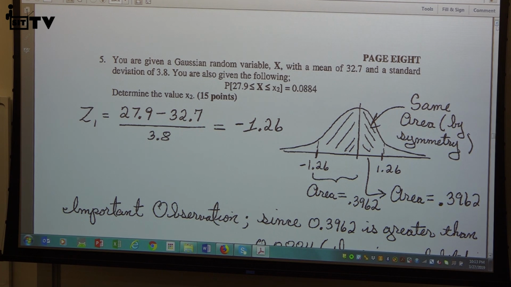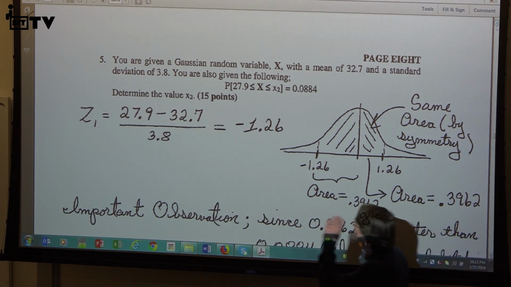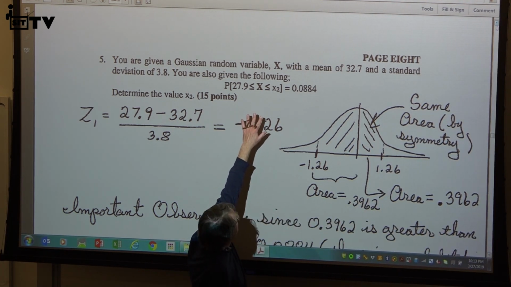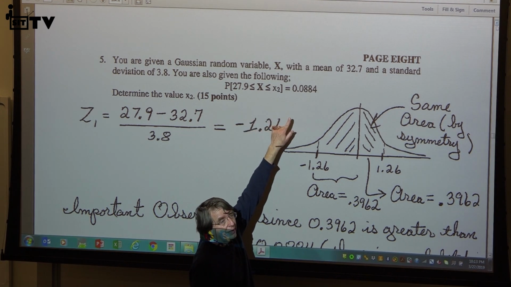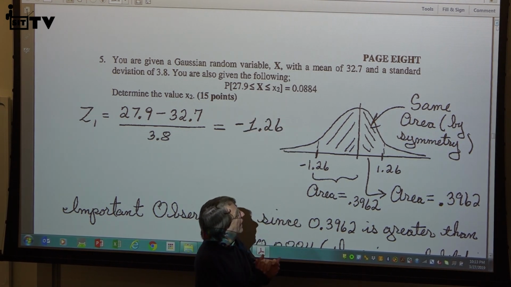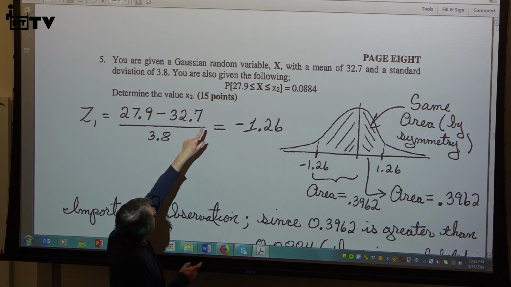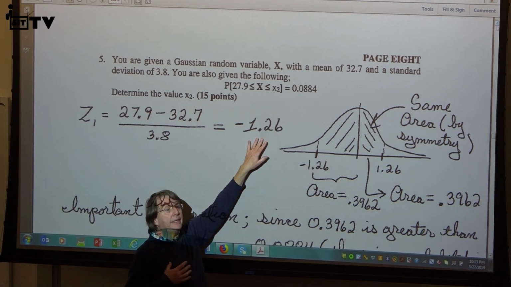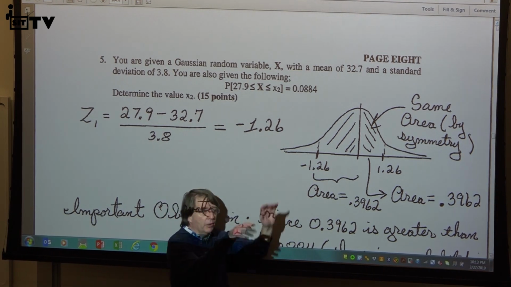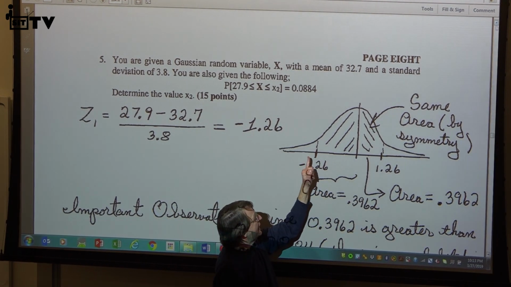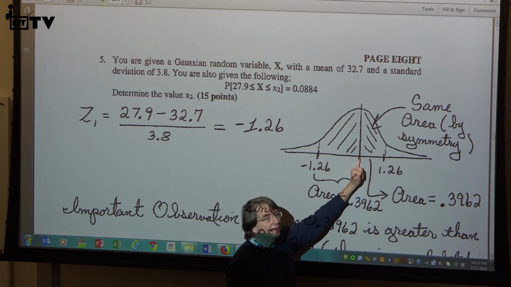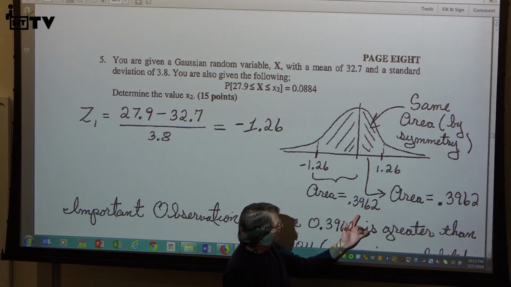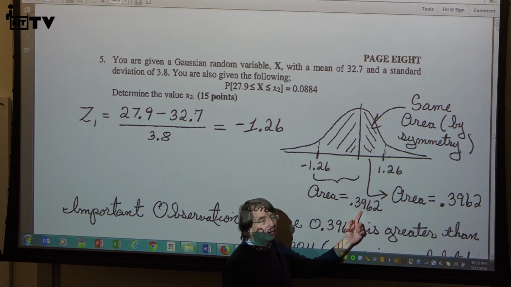So Magdalena, we're given that the probability of being between two numbers is 0.08. Now, the lower number, 27.9, corresponds to minus 1.26. So here's what I did. If I were to get the area from here to here, it's almost 0.4.